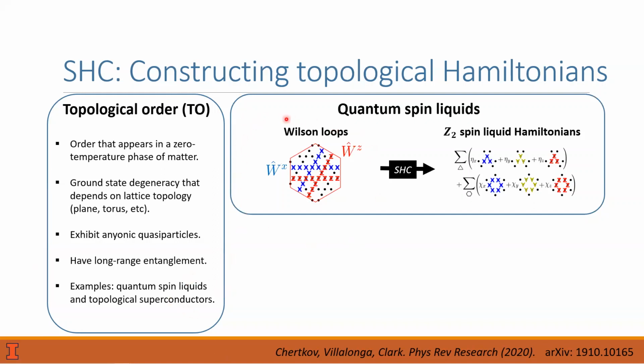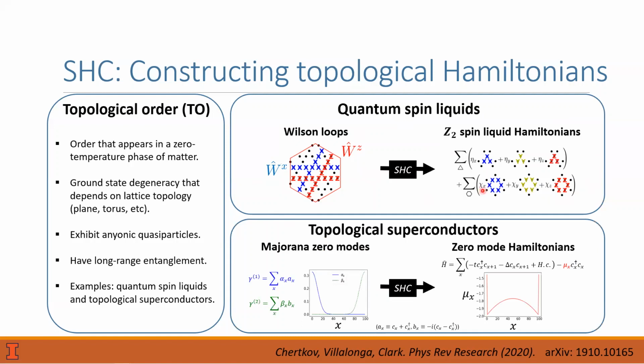We could provide as input certain kinds of symmetry operators. For example, these things called Wilson loops, which are non-local symmetry operators. We provided them as input to our method, and we were able to find new types of quantum spin liquid Hamiltonians that we could numerically check behave like quantum spin liquids.